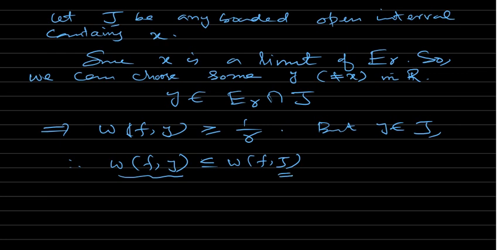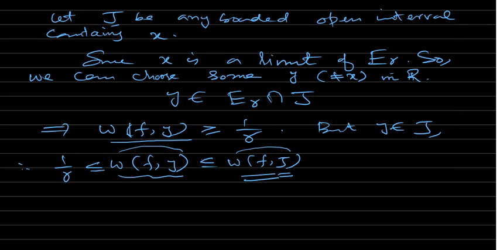So this point lies in that set of which this number is the GLB, and the GLB must be less or equal to every member of the set. Now this one is greater or equal to 1 over r.